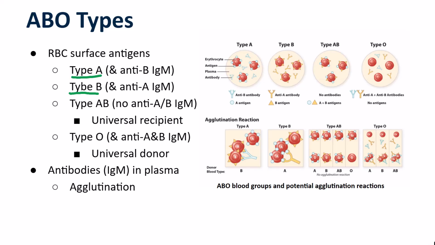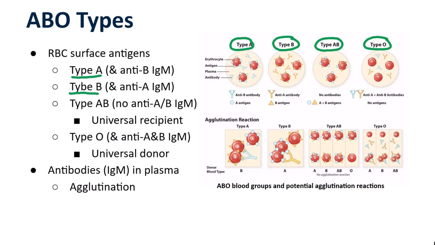And so a cell may have either, and if it has only type A, then it is ABO type A. If they only have type B, then they are type B. If they have both, then they are type AB. And if they have neither the A or the B antigen, we say they are type O. Originally, this was meant to be 0, but we just call it O.